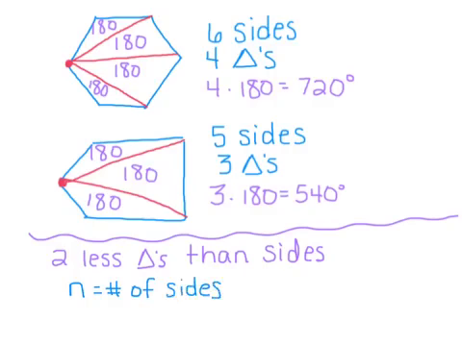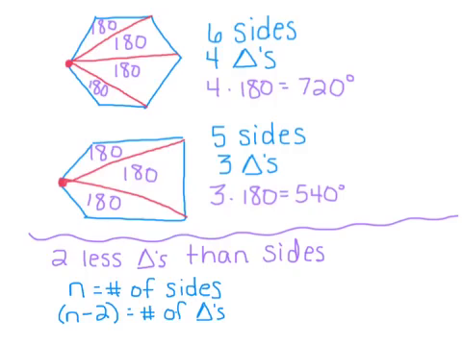So the number of triangles would always be n minus 2. If you have n sides, you have n minus 2 triangles.